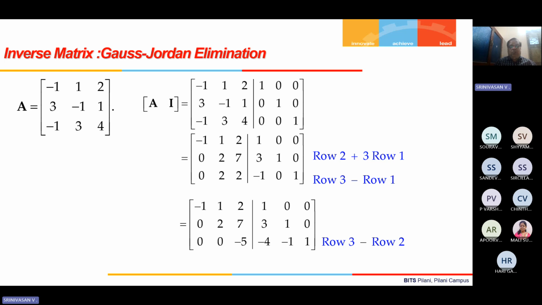So minus 1 minus of minus 1, 0. 3 minus 1, 2. 4 minus 2, 2. 0 minus 1, minus 1. 0 minus 0, 0. 1 minus 0, 1. So one set of operations which you normally do has taken place.